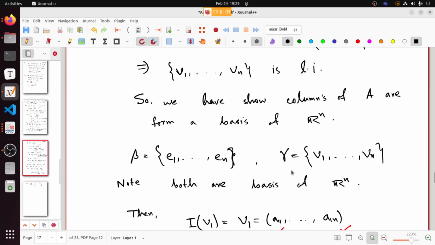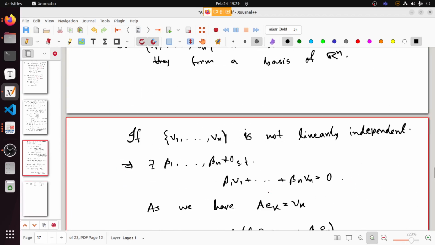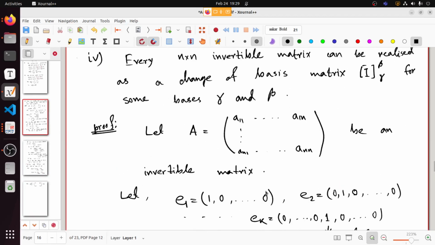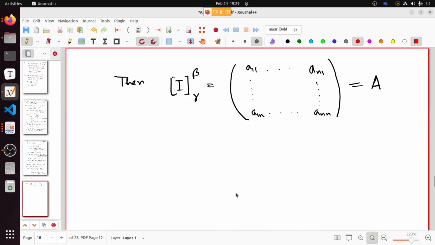With respect to these two bases, this is exactly the invertible matrix A which we started with. So this A can be written as the identity map with respect to these two bases.